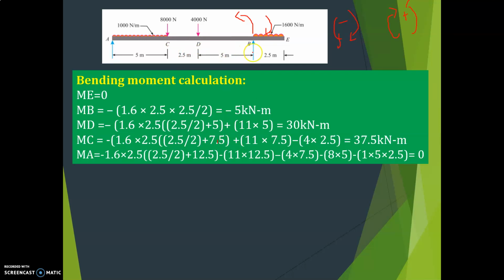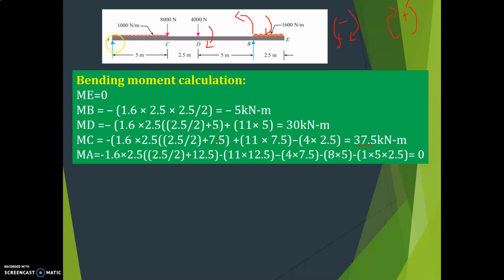Then plus RB is 11 and the direction is like this, that is plus. So plus RB into 7.5, 5 plus 2.5, 7.5, till C we are calculating. Then the 4 acts downward in this direction, so that is minus 4 into the distance till C, which is 2.5. Simplify this, you get 37.5 kilonewton meter.